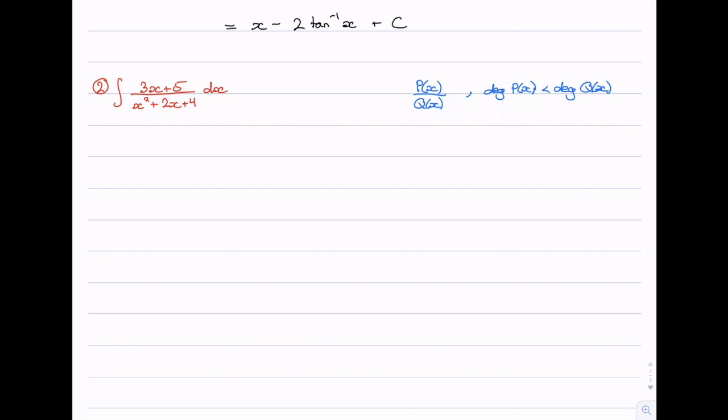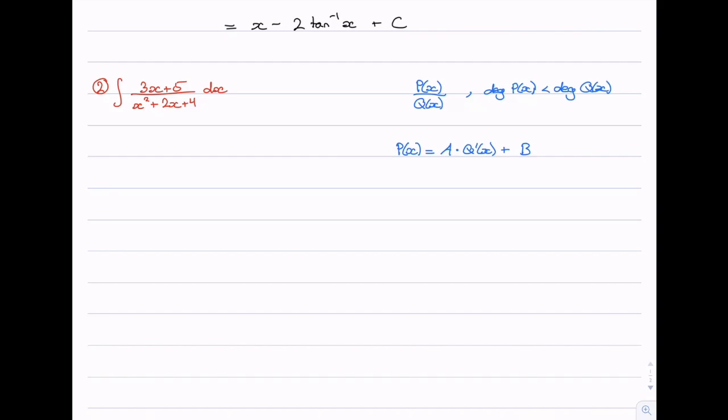That means that there's going to be a logarithm in our solution. Now, in the final answer, it might not just be a logarithm, there might be other things involved, but we're definitely going to get a logarithm. So we want to try to write p of x in the following way. We want to write it as a constant times q dash of x plus something else, and that something else has to be another constant.